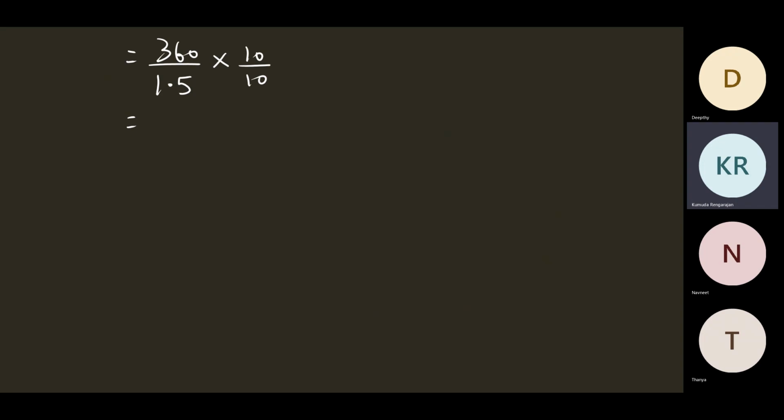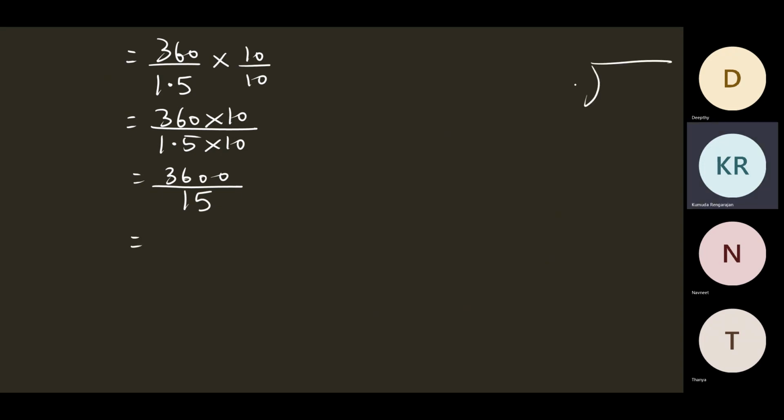So it will be 360 into 10 divided by 1.5 into 10. So that is 3600 divided by 15. Now do the division, 15 and 3600.